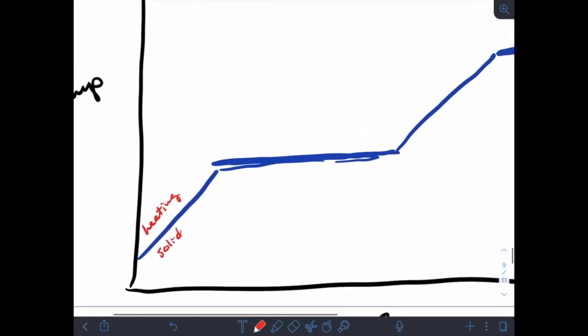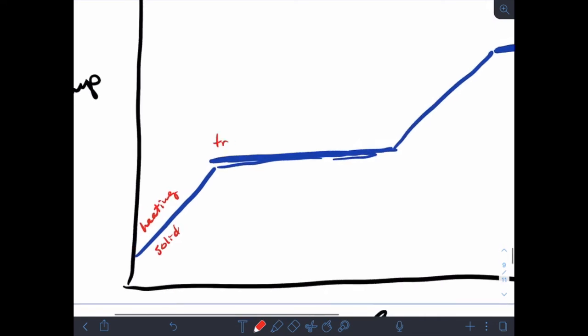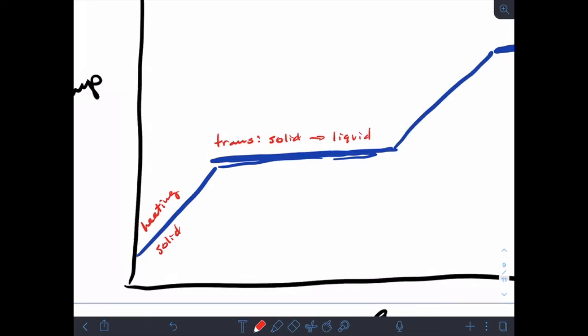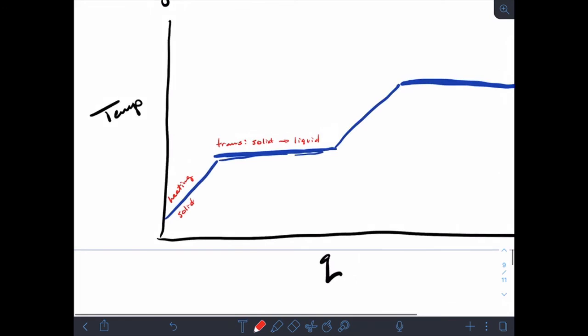And then once we get to this first plateau, we have the transition, solid to liquid. Okay, so notice at this stage, in the transition stage, we have no temperature change.